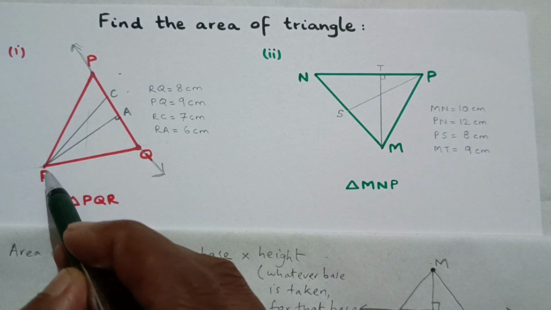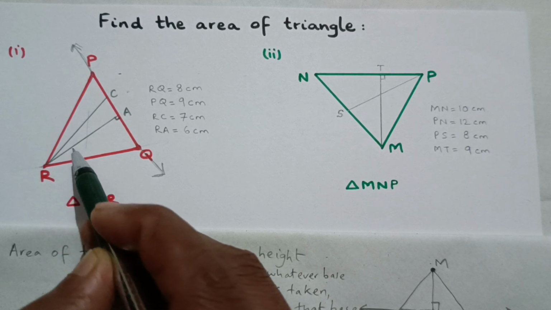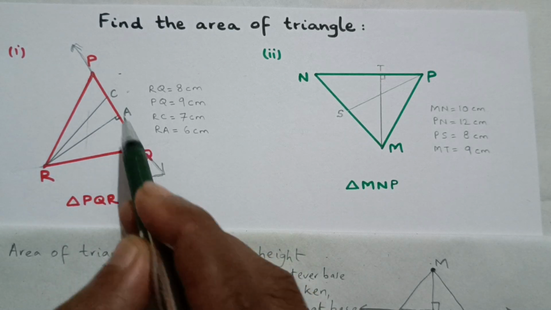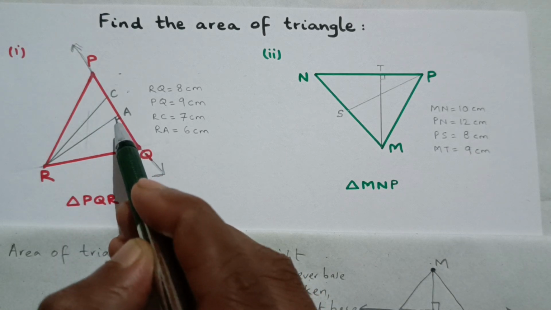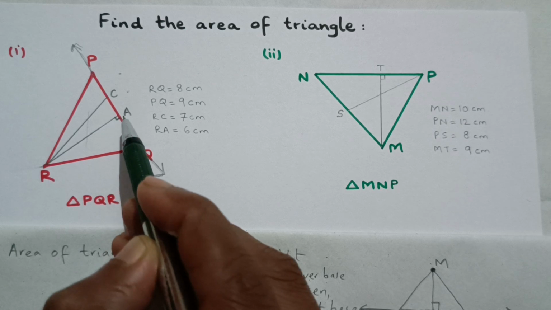RA meets QP at A, and it meets QP at an angle of 90 degrees.